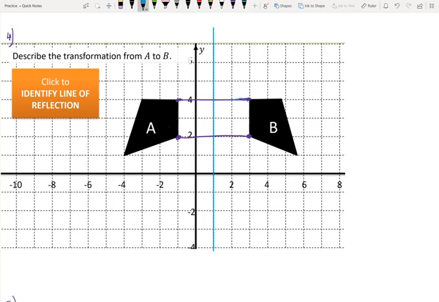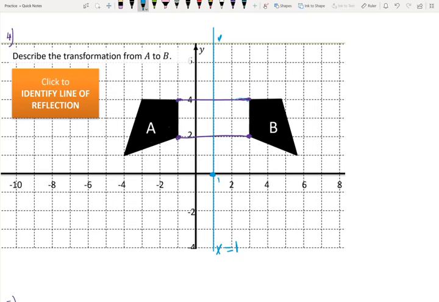So this is the line parallel to the y-axis. It has an equation x equals, the intercept of the x-axis here is 1, so x equals 1 is the line that you're reflecting according to.